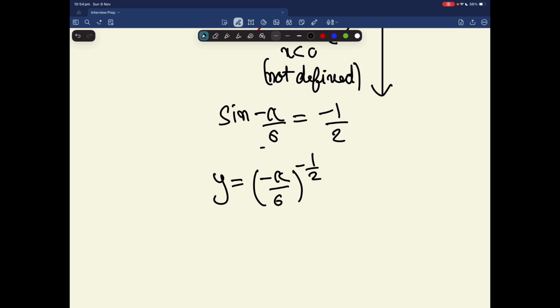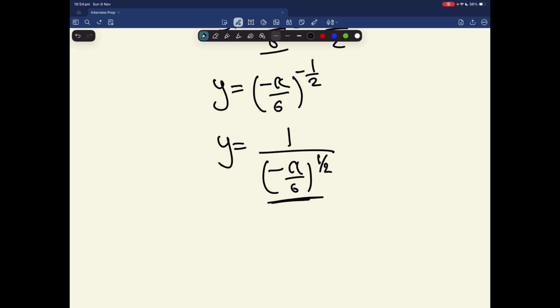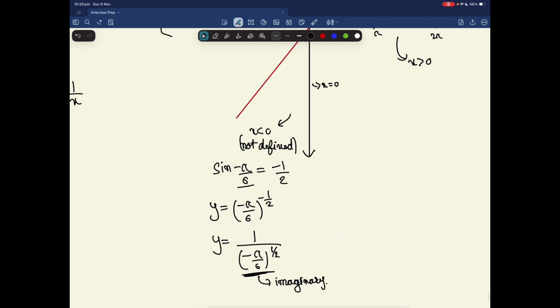I'm basically doing 1 over the square root of minus pi over 6, right? But I can't square root a negative number, which means that this would give me an imaginary value. So this is one way of showing that this graph won't work in the negative side.